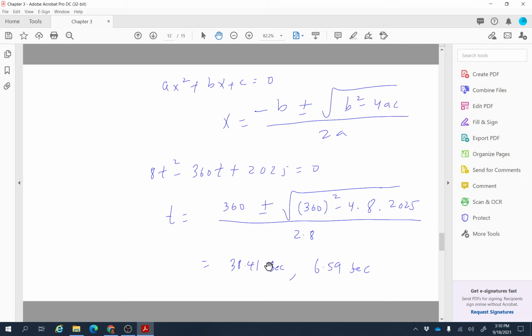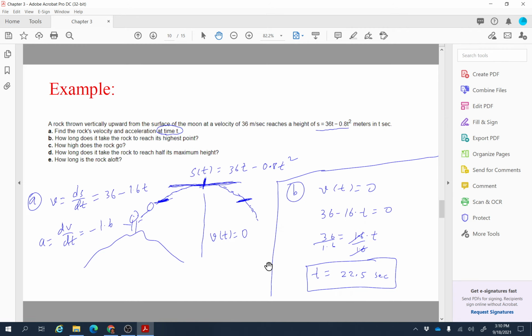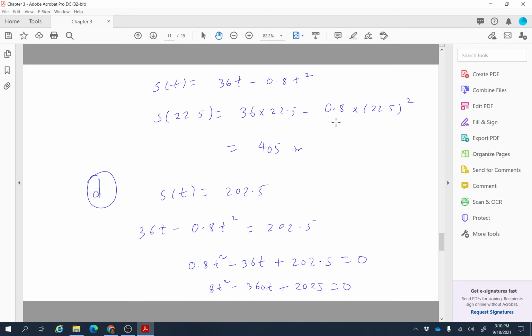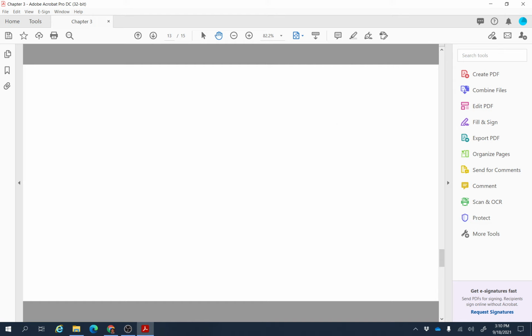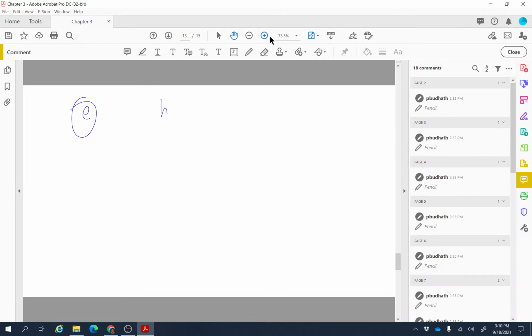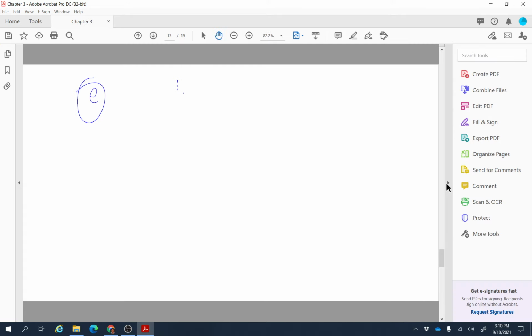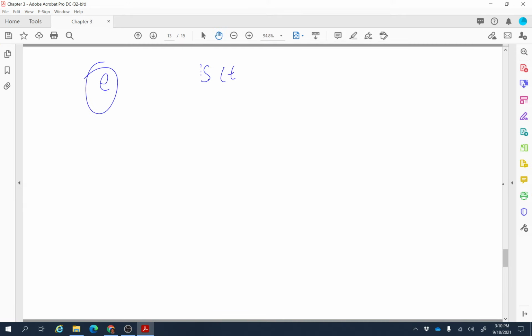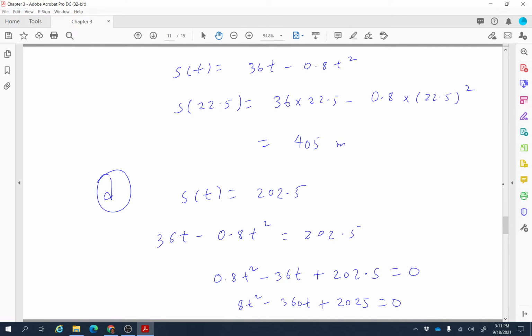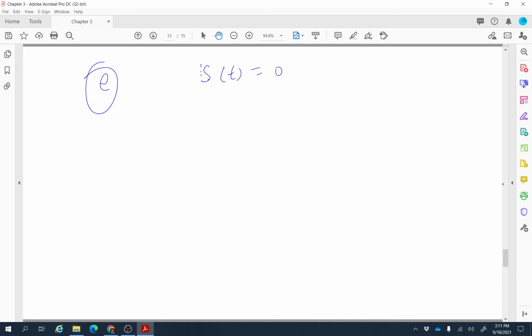So to answer the last part, we'll go back here and then make this height equal 0. That is the height of that rock, which is S of t. We are trying to find out at what time that height is 0. So height in our case, S of t, is equal to 0, which is 36t minus 0.8t squared.